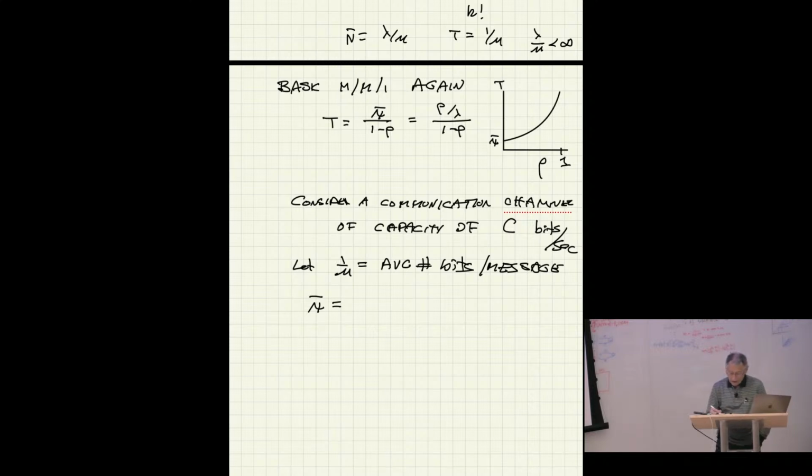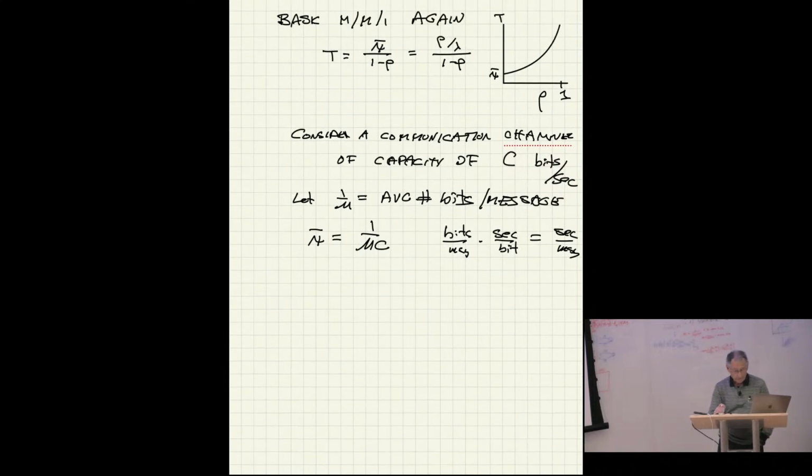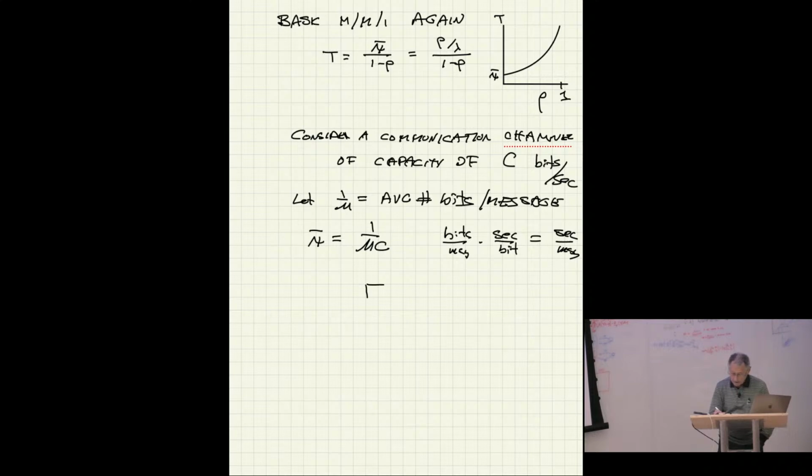Well, it's the number of bits per message, the average, times the number of seconds per bit, which is seconds per message, which is what we're looking for. So I need 1 over mu C as the average service time for a message in seconds. That corresponds to what we've really been talking about. It's not a bakery store with a clerk behind the counter. It's a channel pumping bits through it, okay? So let's consider such a system. Let me draw a queue containing messages being served by a channel of capacity C.